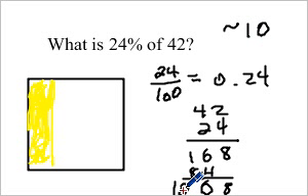I've got 1008, so I'm pretty confident that my decimal place is going to go between here, so that my answer will be 10 and 8 hundredths. So if this whole thing was 42, this part here, the 24%, is 10 and 8 hundredths. That seems reasonable when I have this visual representing the whole.